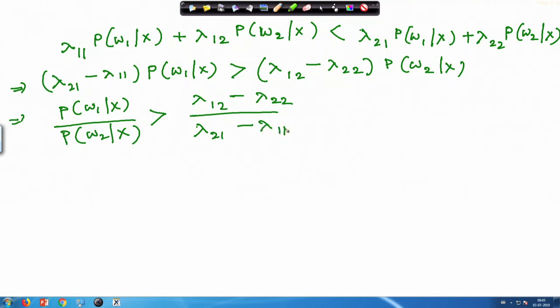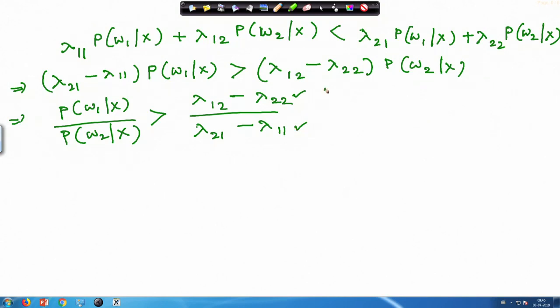And you remember that lambda 1 2 is the loss function for taking an action alpha 1 when the actual true class of nature is omega 2, and lambda 2 2 is the loss function involved when you are taking action alpha 2, when the true class of nature is omega 2. So, naturally lambda 2 2 has to be less than lambda 1 2. Similarly, lambda 1 1 will also be less than lambda 2 1. So, both these quantities, in the numerator and denominator on the right hand side, are positive.